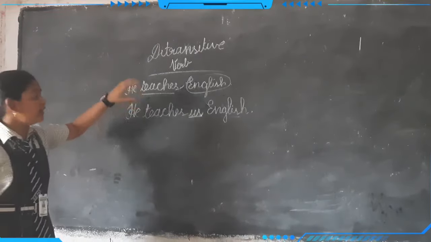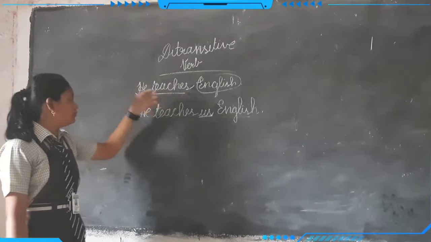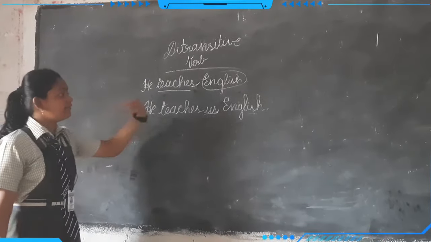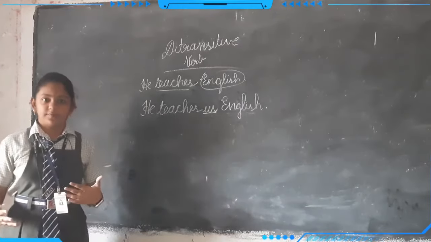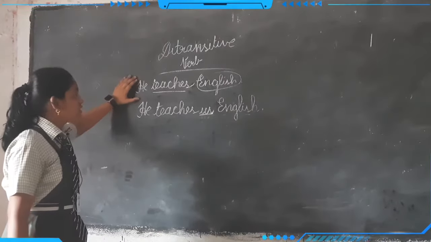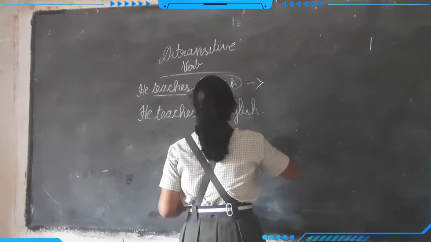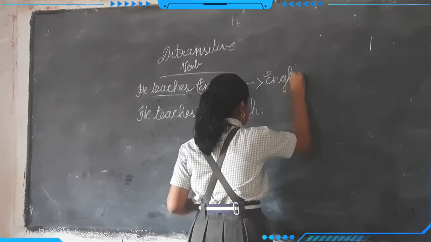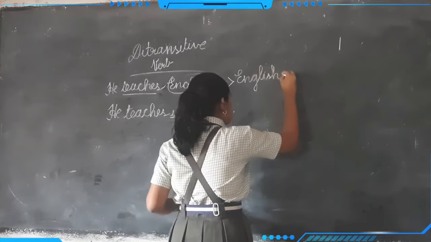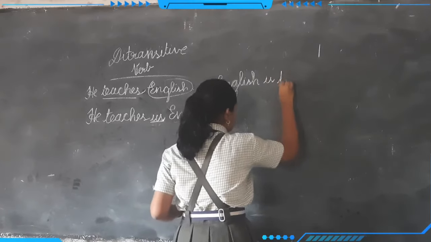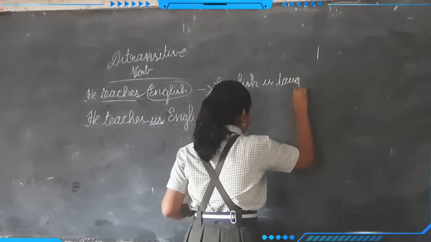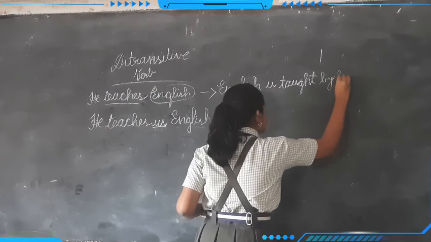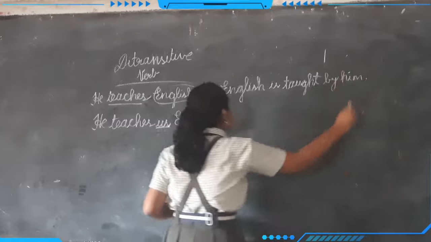In a sentence having only one object, or the monotransitive verb, there is only one form of passive voice. But in a sentence having two objects, there can be two forms of passive voice. He teaches us English. This can be passivized as English is taught by him.